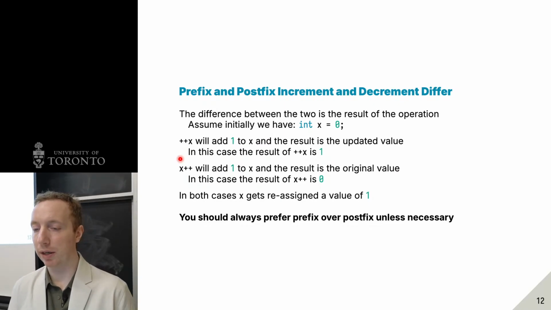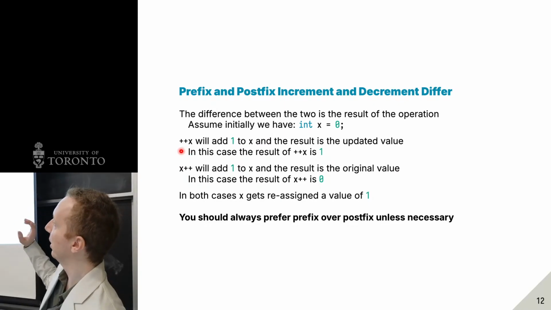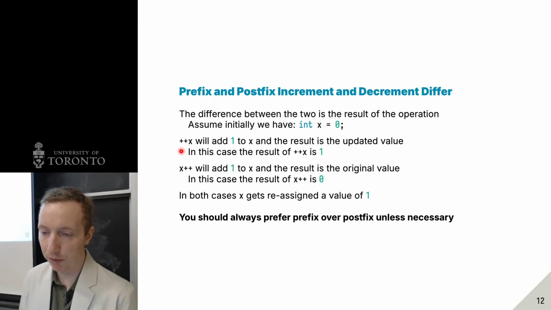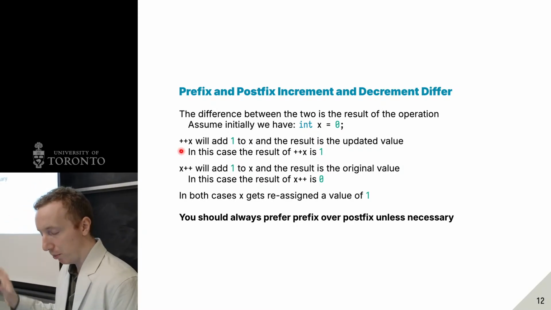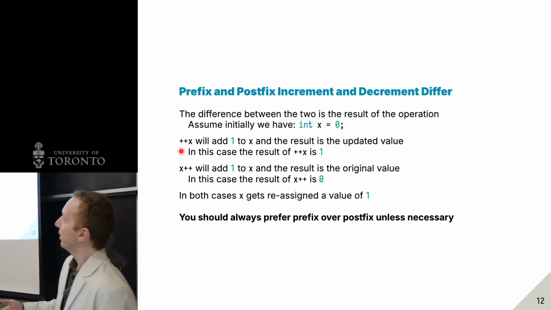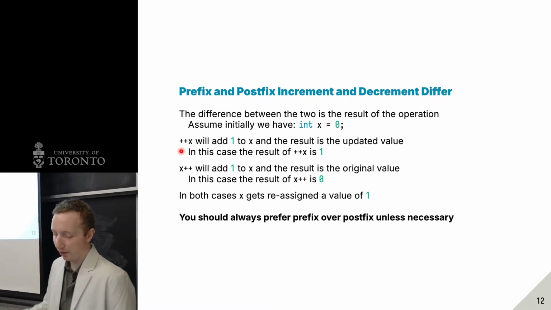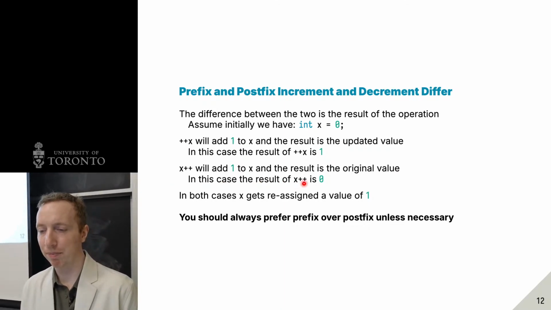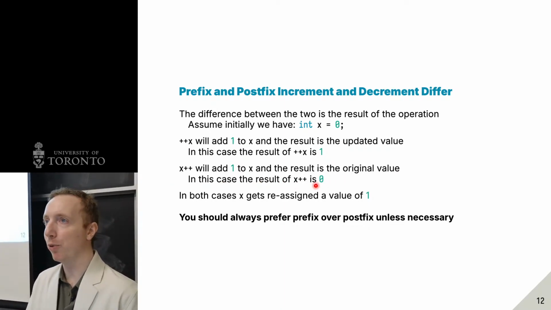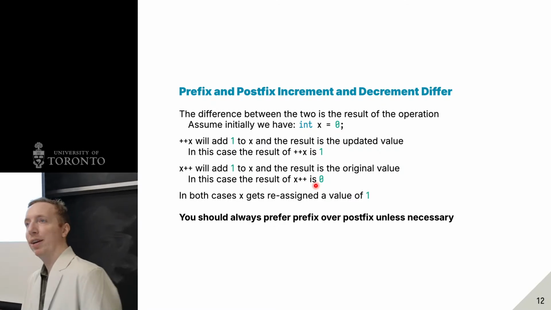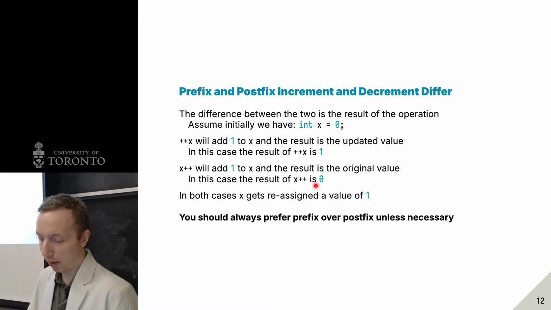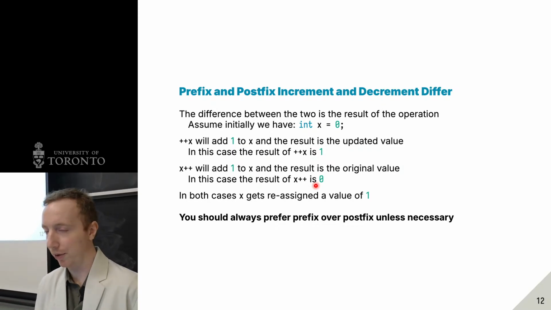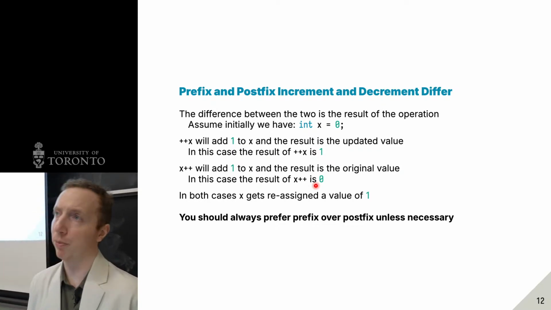Typically, you will never need it, so all you need to remember is if you need to increment something, do the prefix version of it. Basically, there are some cases where this needs to save the old value, and in some cases, it can cause performance issues where your computer, because it has to remember that, runs a lot slower. So that's one way to try and remember which one you should use.